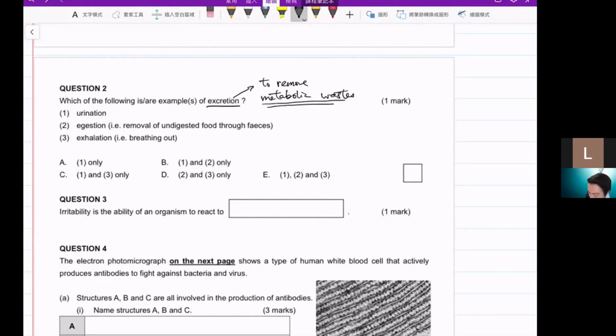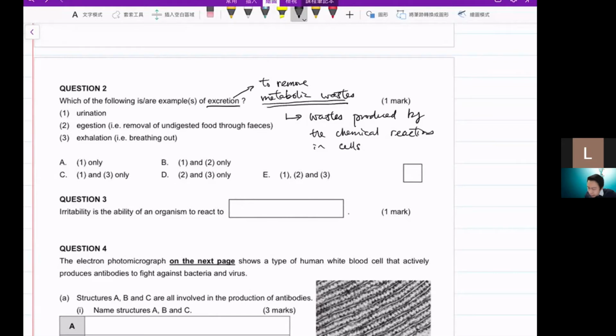Metabolic waste means the waste produced by chemical reactions in body cells. Okay, so when your body cells carry out different chemical reactions, some waste products, some products that we do not need, will be produced. Then removing all this waste belongs to excretion.